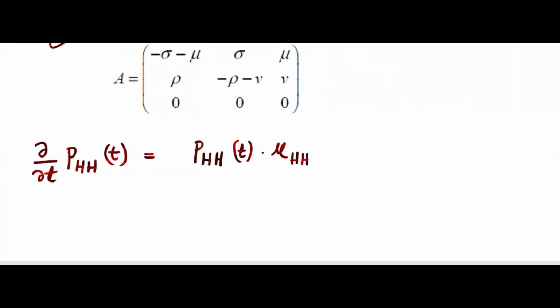Here we have only two possibilities because this is only HH. You can go from H to S. Let me write all three in T time. You need to match this.